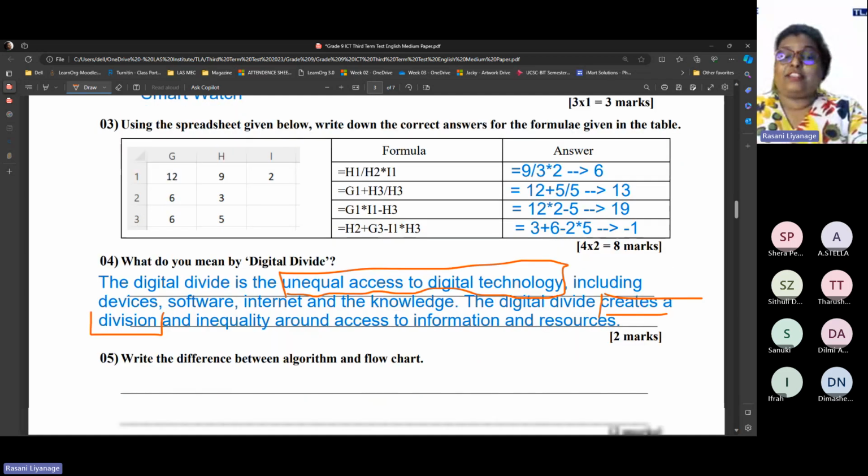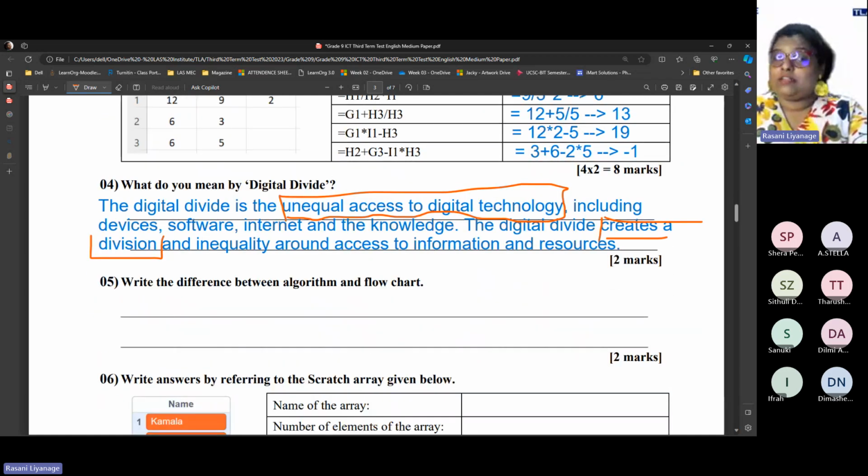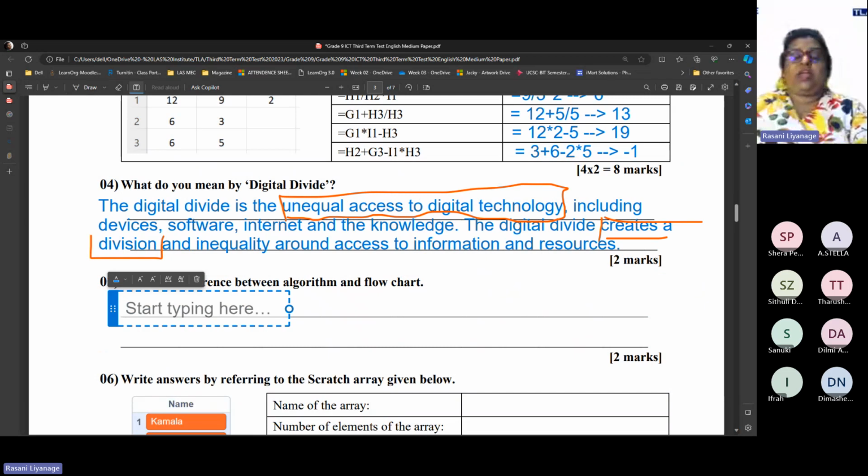Write the difference between algorithm and flowchart. Okay. It's so simple.